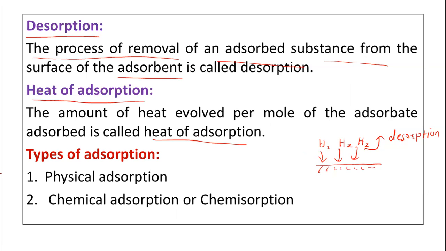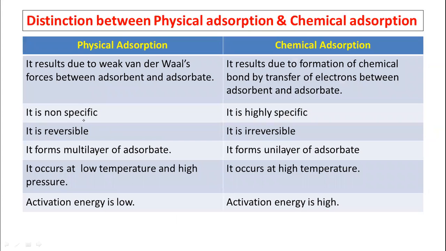Now let us discuss the types of adsorption. The first type is physical adsorption, and the second type is chemical adsorption. In physical adsorption, there are weak van der Waals forces between the adsorbate and adsorbent, so physical forces exist there.